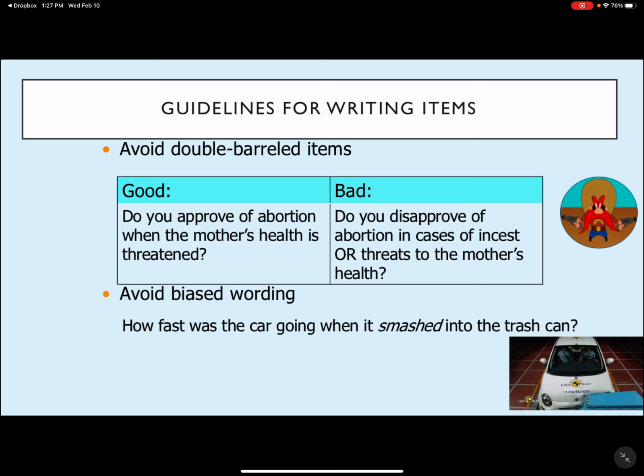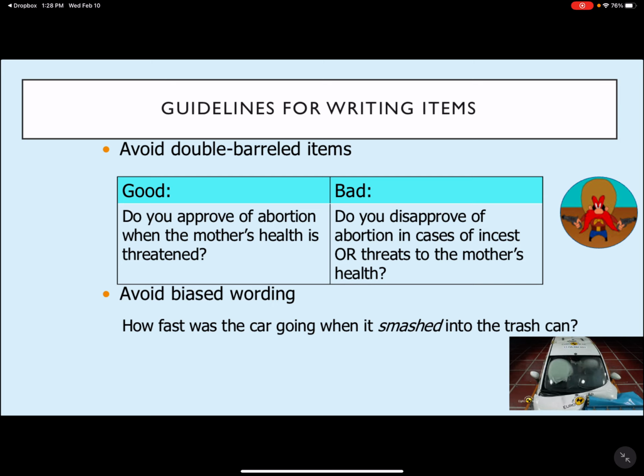That way you're letting people decide for themselves if it was fast or slow. There's a whole great, interesting literature on biased wording that comes out of studies like the one, do you remember, I think it was the first day of class, or no, the first lecture, when I asked you and I made you remember a false word?